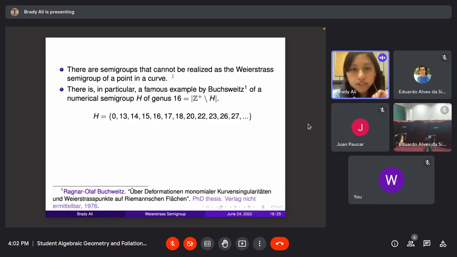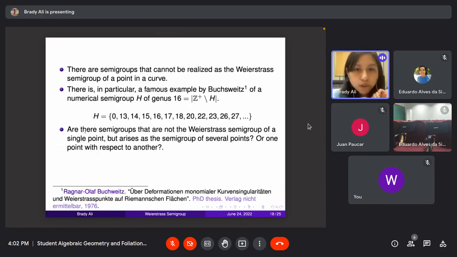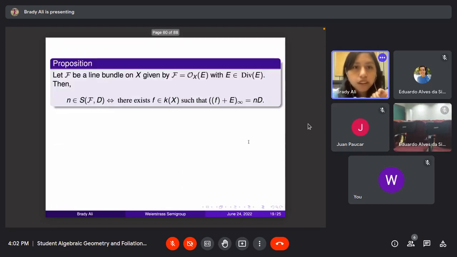So we ask ourselves: are there semigroups that are not the Weierstrass semigroup of a single point, but arise as the semigroup of several points, or one point with respect to another? This is the reason we decided to generalize this further to a divisor D. And we found nice properties of this definition.